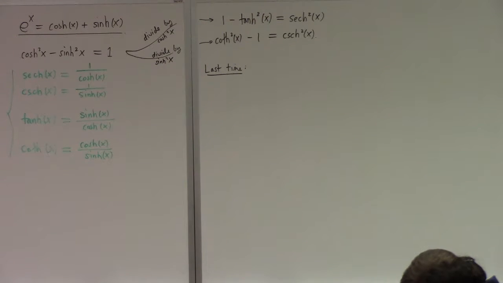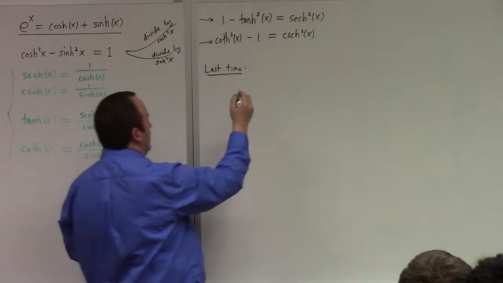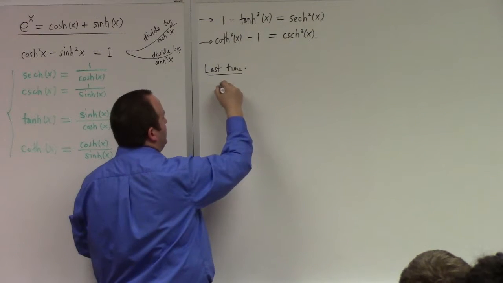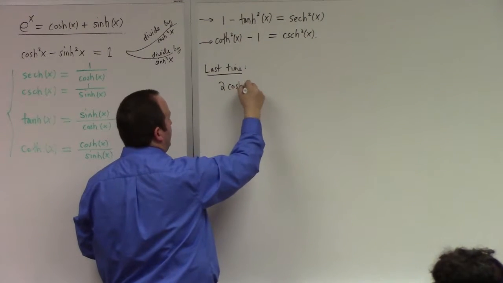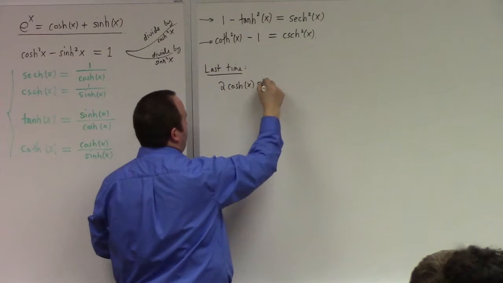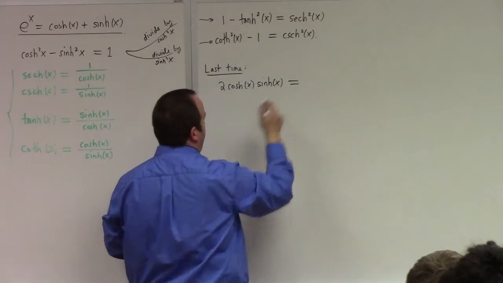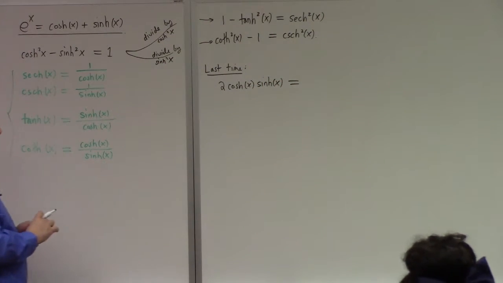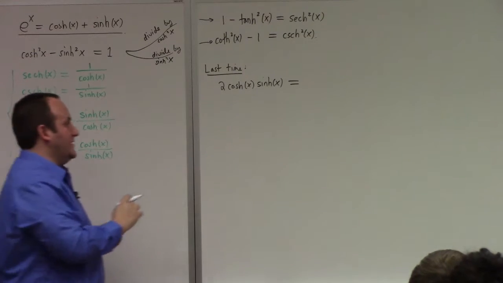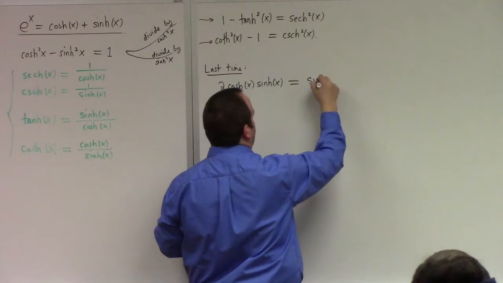In the same way we can derive identities from cosine squared plus sine squared, we can get the one involving tangent and secant and the one involving cotangent and cosecant. Last time we also showed, if I remember right, 2 times hyperbolic cosine x times hyperbolic sine x was what? Yes, sinh 2x.